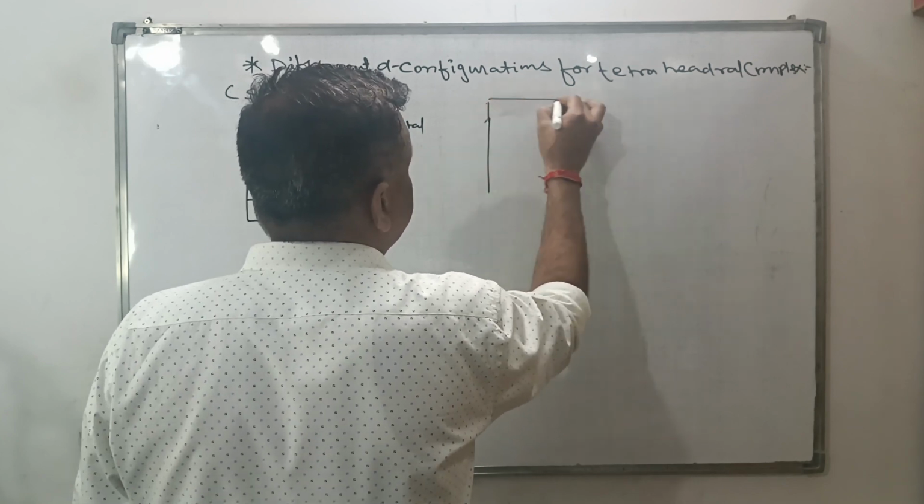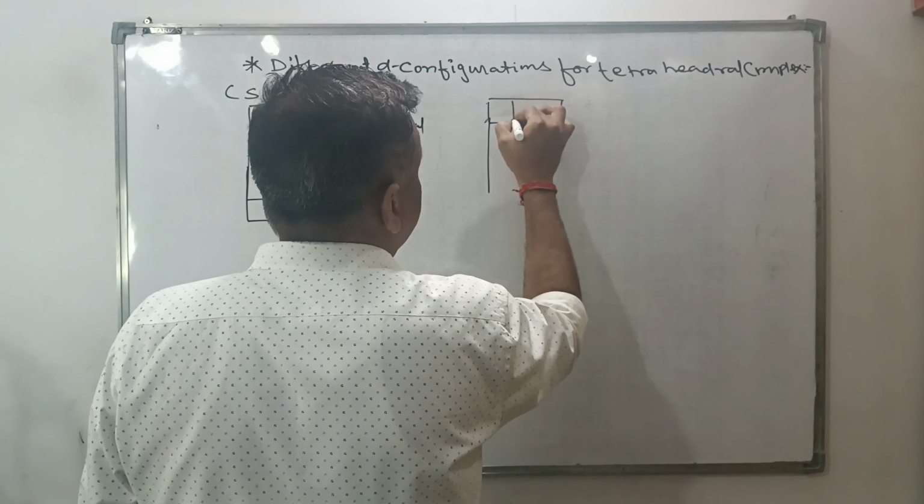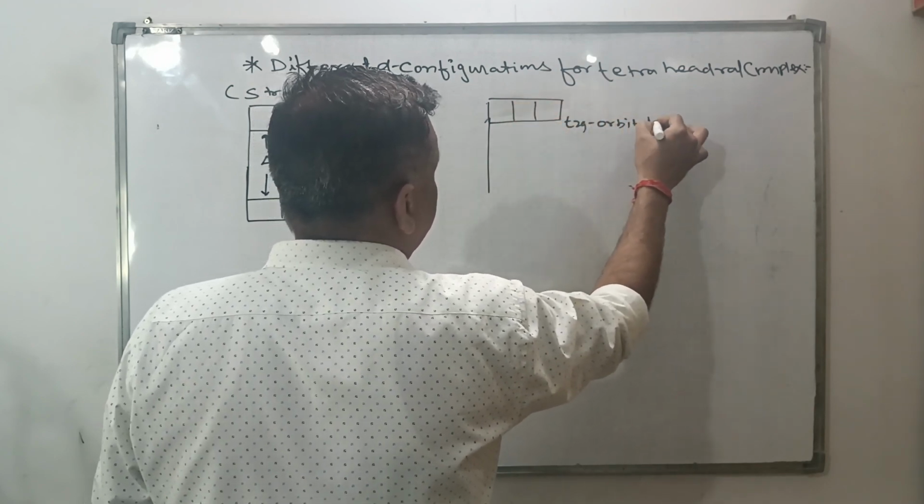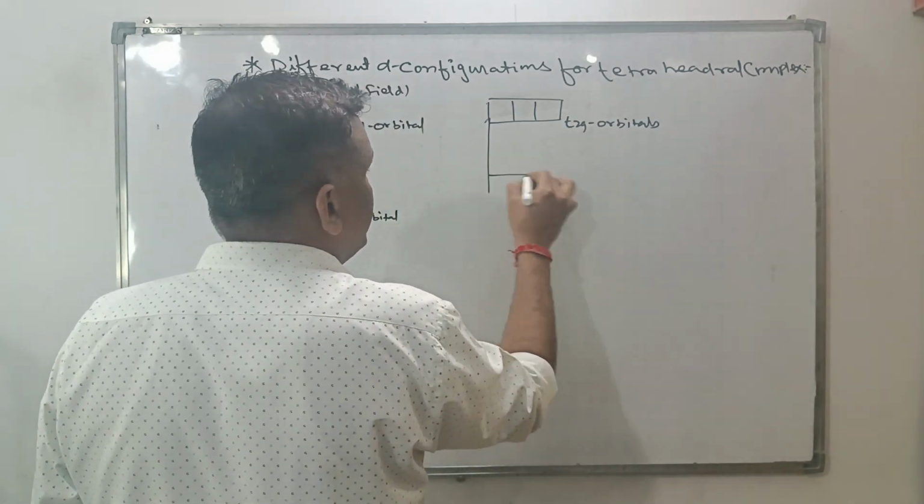These are the T2G orbitals, and this is for the E orbitals.